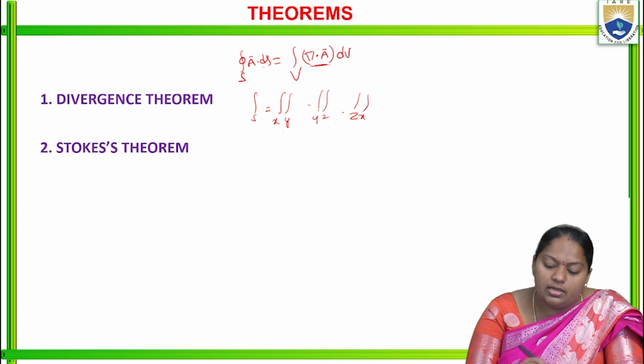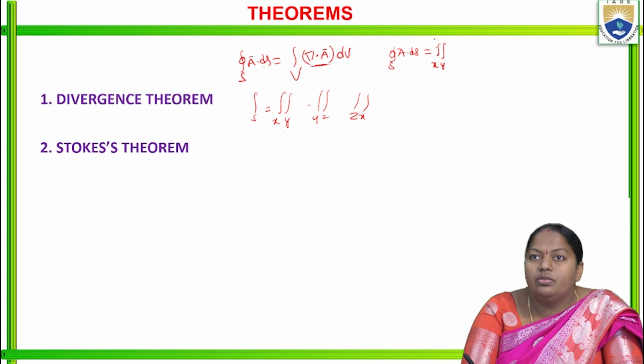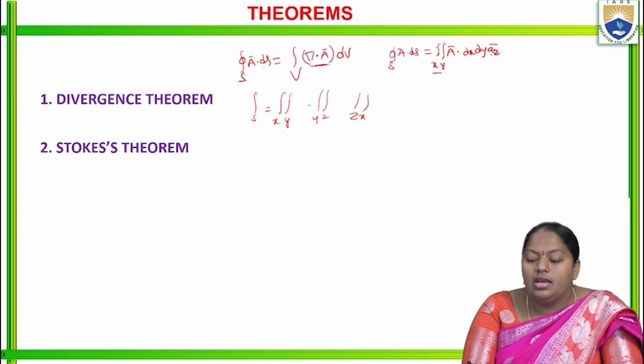Expanding that, the closed surface integral A dot ds can be written first for the xy plane, with x from minus infinity to plus infinity and y also from minus infinity to plus infinity, as A dot dx dy into az. Why az? Because the plane is the xy plane and the direction is in the z direction.